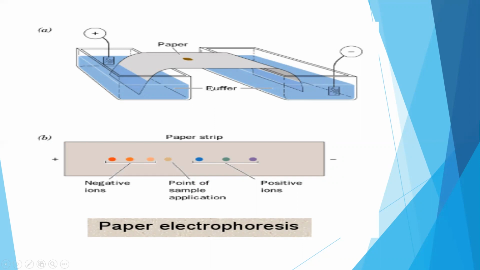As shown in the figure, we have to dip the paper in the buffer solution. Next, we supply power to both trays, positive and negative charges.